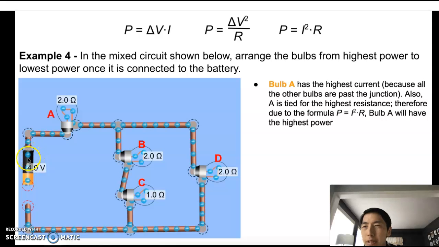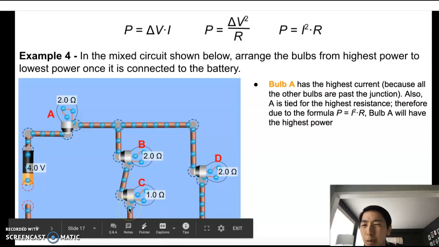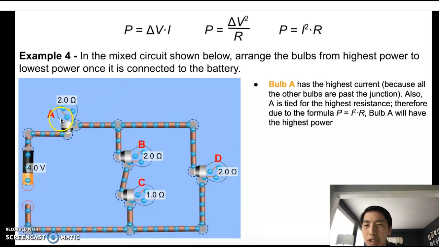Whatever current comes out of the battery is going to be the same amount of amps that goes through bulb A. And that amount of amps is going to reach this junction here and split up into 2 pathways. So the current through B and C is going to be smaller than it was through A, and the current through D is also going to be smaller than it was through A. So bulb A has the highest current.